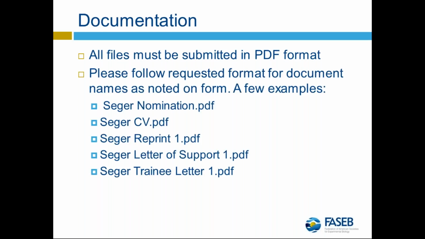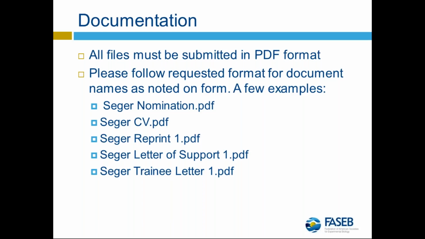And new this year, if you've submitted in prior years, in terms of making it easier to track documentation on our side and making it a lot easier to get documents to the committee for review, we're requesting that you use a standard format for naming your documents. This should make it easier for you as well as you're preparing the documents. We ask that you do the nominee's surname. So I used myself as an example.